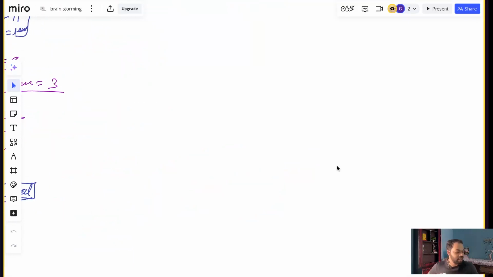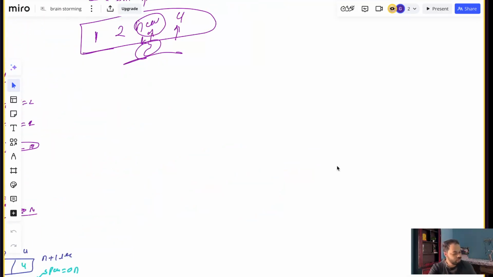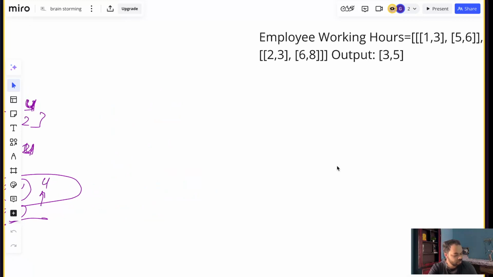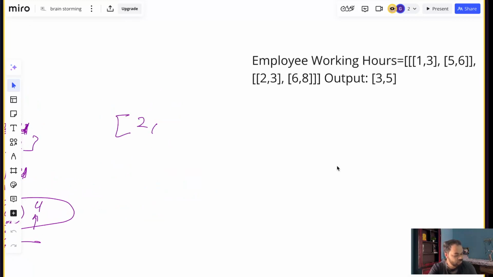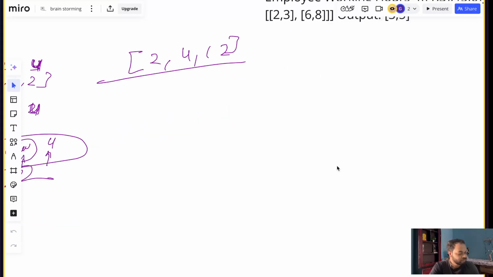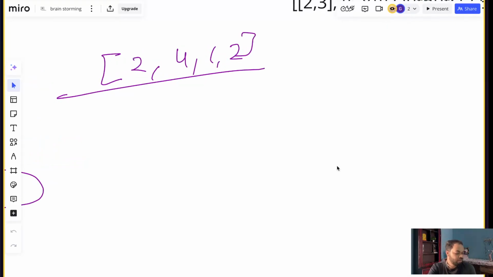So for that, if you look into it, 2 4 1 2, that was the case, right? This is our array itself, that says 2 4 1 2. Earlier, what we were doing, we were sorting it out by replacing the values at its index.